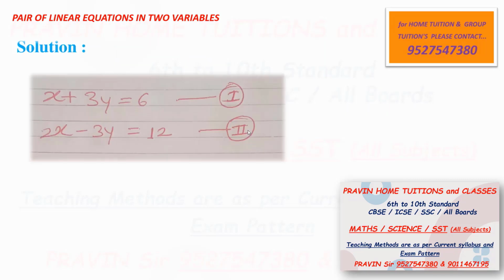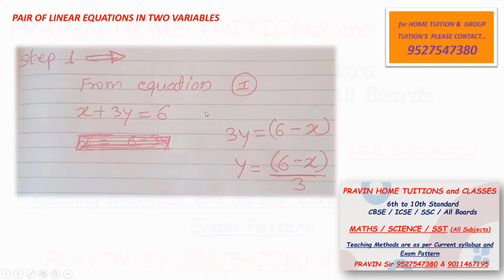Step 1, first write the equations. First, x plus 3y is equal to 6. Call this equation 1. 2x minus 3y equal to 12. Call this equation 2. Now, from equation 1, x plus 3y is equal to 6, find the value of y. 3y, transpose x to this side. So 3y is equal to 6, here x is positive, when we transpose, it becomes negative.